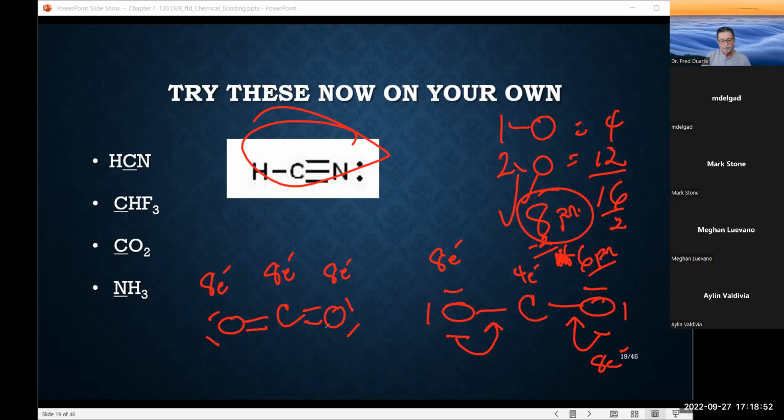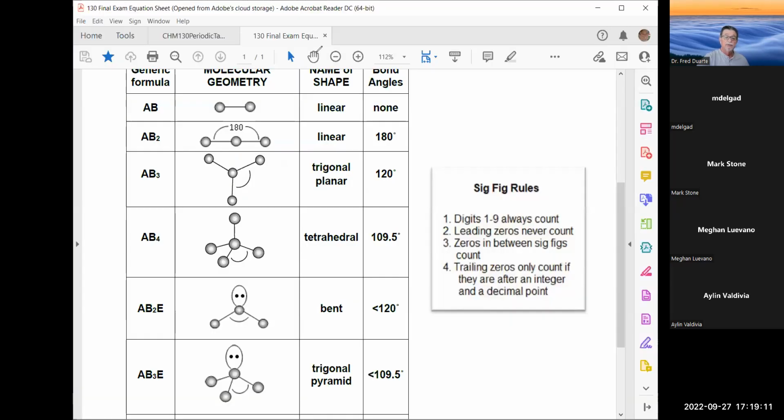So that is our structure. Our general formula would be simply AB2. There's no lone pair on the central atom, so it's AB2. Okay, and so then that sends us to the shapes table and looking for AB2.